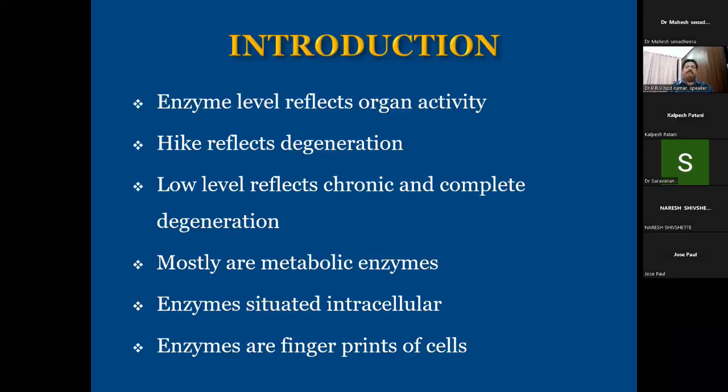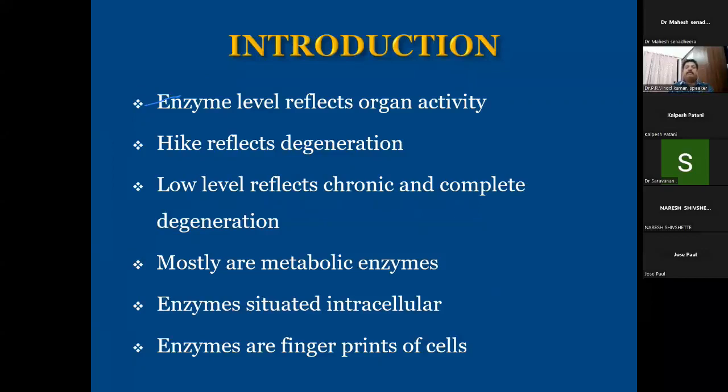Low level means, see, for example, SGPT or ALT. Let me say the old name, SGPT. SGPT increase means the liver parenchyma cells are destroyed, and those enzymes which are stored inside the liver parenchyma cells are being released into circulation.